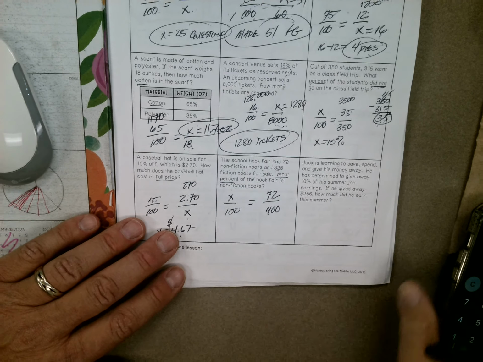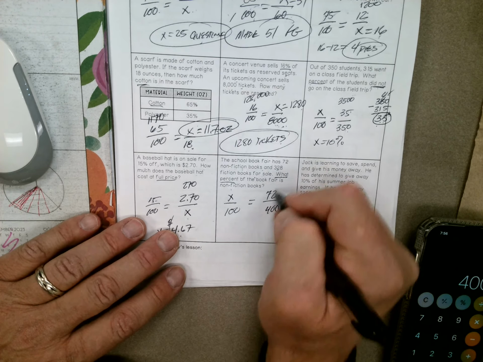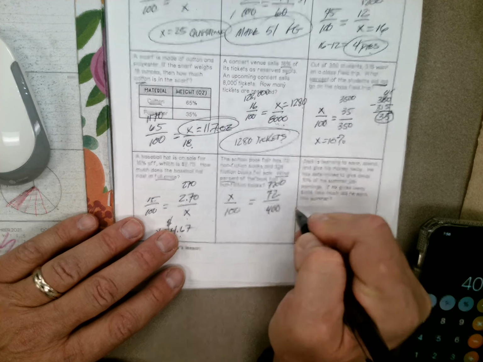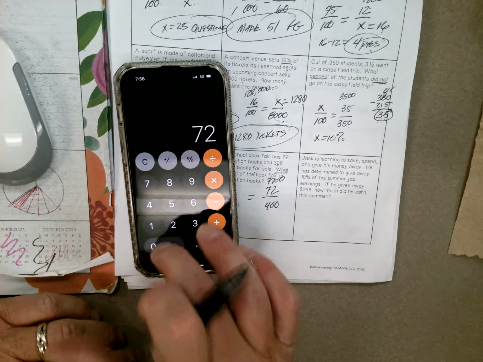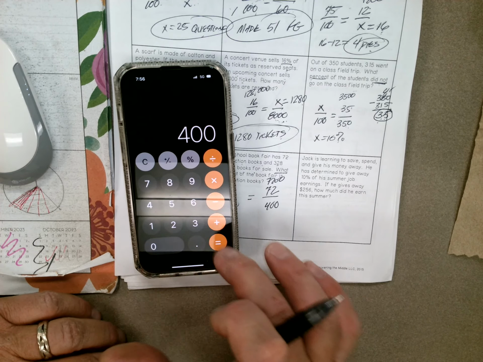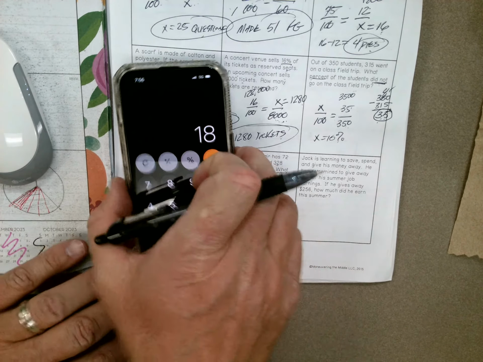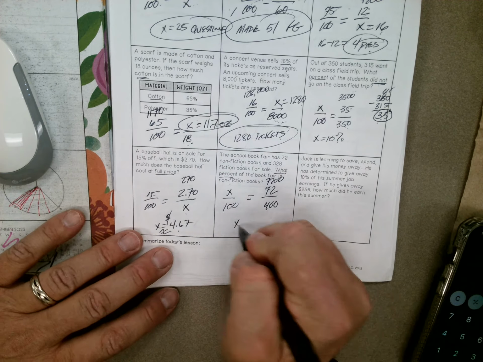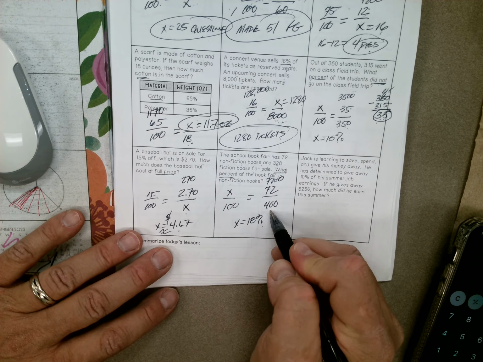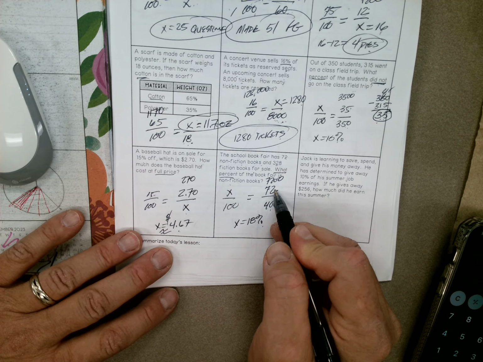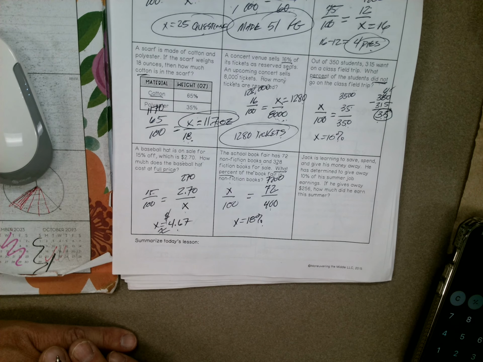So this times this is 7,200 divided by 400. Divided by 400 is 18. So X equals 18%. So 18% of 400 is 72, which makes sense, right?